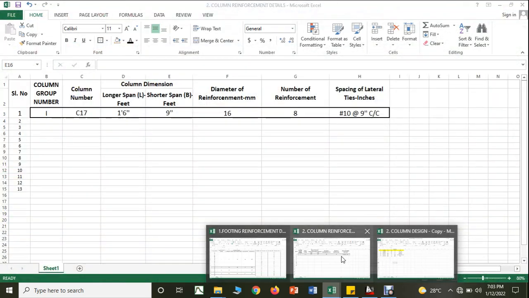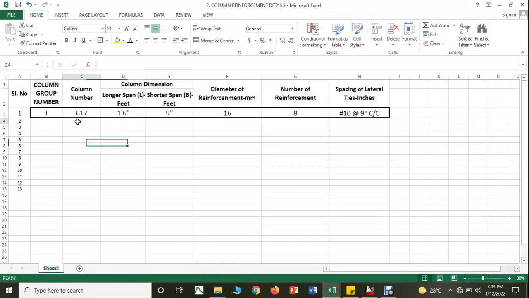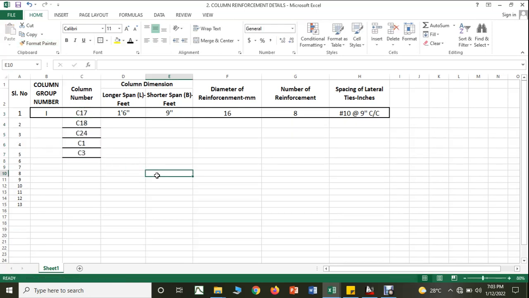So I am supposed to give the column numbers, right? Everything I can merge and make it group number 2.